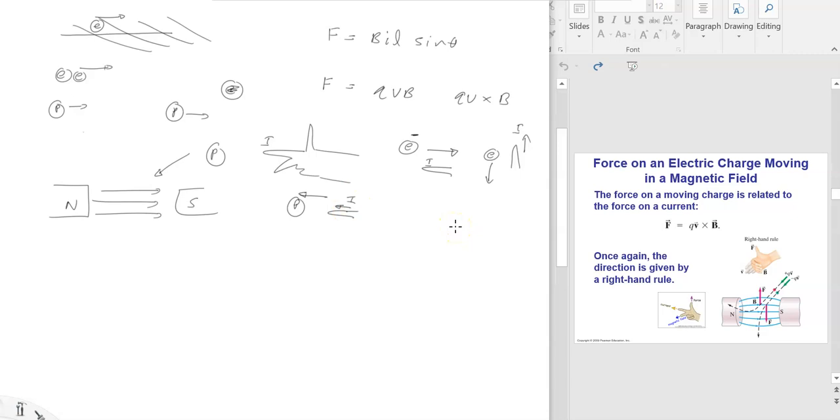So you place the index finger in the direction of the current, you place the middle finger in the direction of the magnetic field, the thumb will be pointing up. So a positive charge is going to deflect upwards. It's coming in, it's going to deflect up. If it is a negative charge like an electron, you have to place the current in the opposite direction, so that gives the thumb in the downward direction.